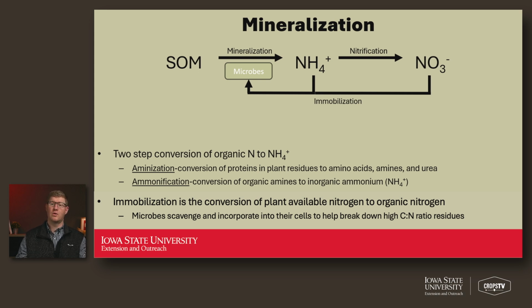So think things like corn stalks, cereal rye residues, maybe even some manures, right? They're trying to break down that carbon source, and in order to do that, they need to utilize nitrogen from somewhere. The place that they take that nitrogen from is the plant available pool of nitrogen. So essentially, we're taking the ammonium or the nitrate and incorporating that into the microbial community, so that it's no longer available for plants to use.